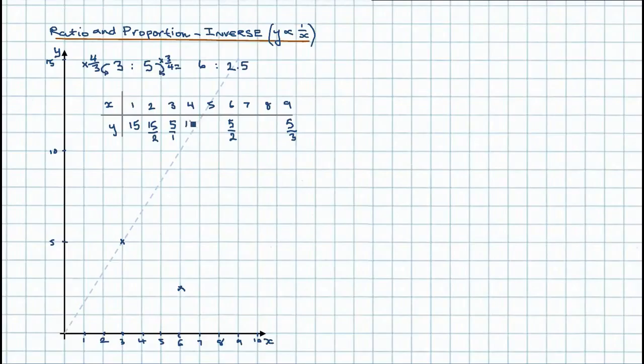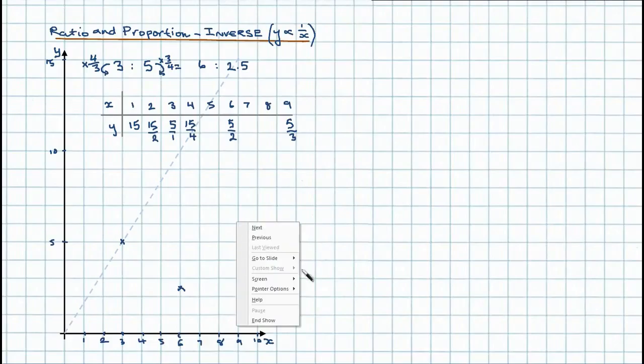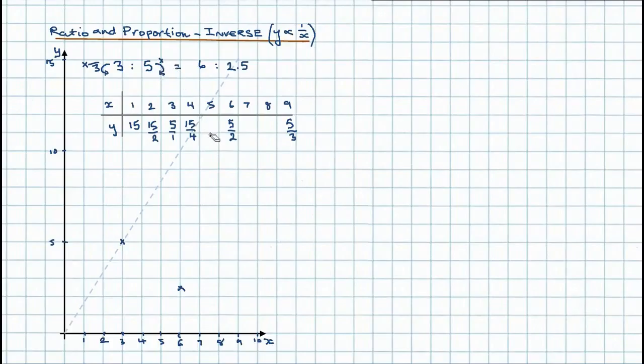So 15/4, or 1/4 of 15. And you might be able to see a pattern here so that you could fill in the rest very easily. But let's just work it through in the same way. So we've got 5/3 becomes 3/5. So 5 times 3 is 15 divided by 5.